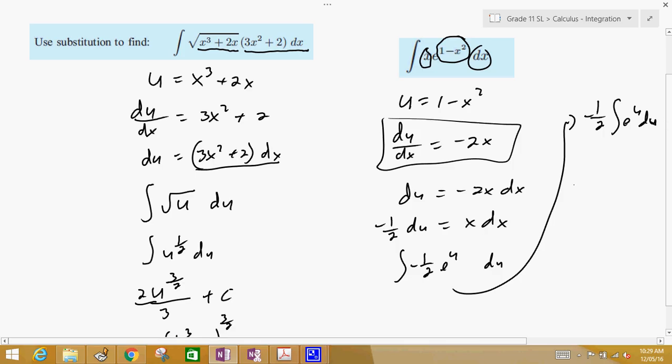And if I integrate that, it becomes negative 1/2 e to the u plus c. The integral of e to the u is e to the u. And then I simply put back in the u. So it becomes negative 1/2 e to the 1 minus x squared plus c.